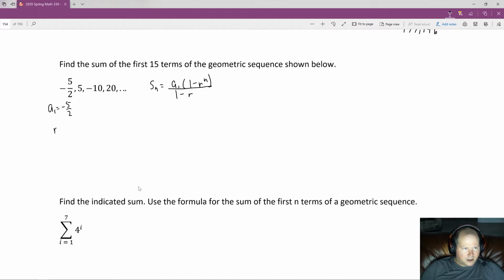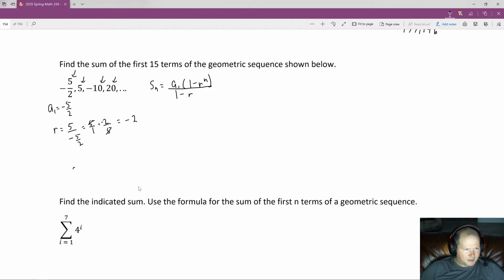We need an R. R is going to be equal to 5 divided by negative 5 halves, which is the same as 5 over 1 multiplied by 2 over negative 5. Cancel, cancel. That gives negative 2. If you find the fractions to be bad ones to use, you can use any two consecutive numbers within this sequence to figure it out.